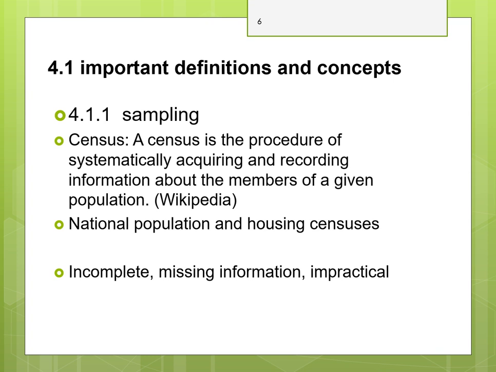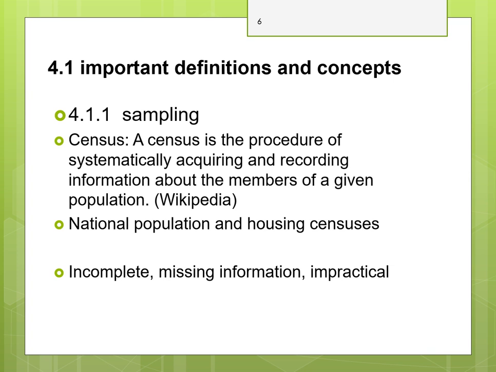For example, national population and housing censuses. We need to know how many persons are in this country. So we need to check all the individuals one by one. At this moment we need to do the census.